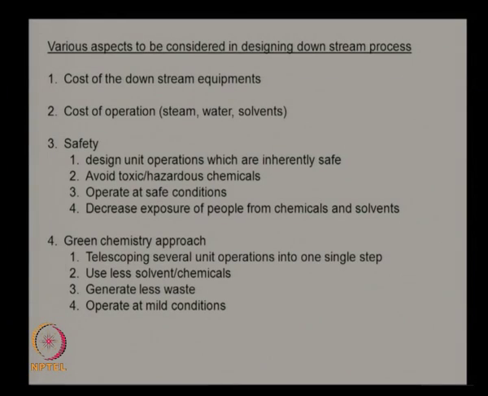So higher the manufacturing cost, higher is the selling price of my final product. So I would like to keep the use of the steam, use of water, use of solvent, use of other utilities as low as possible, so that the overall operating cost is low.